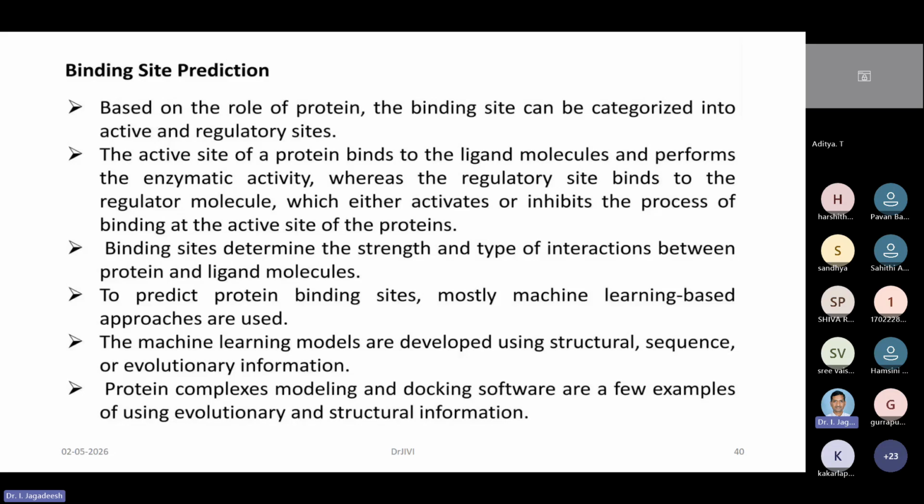So these machine learning models are developed using the structural, sequence and evolutionary information that is actually helping us to predict a drug or a promising fragment from the chemical databases.